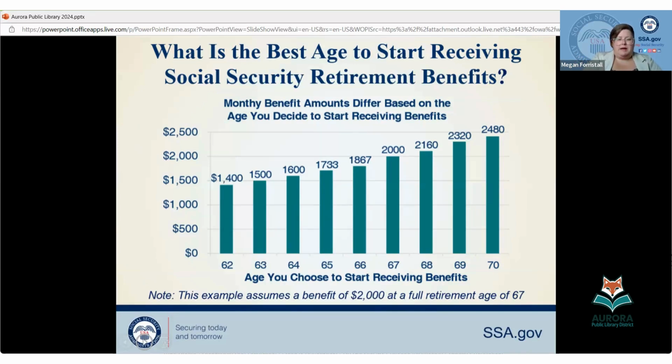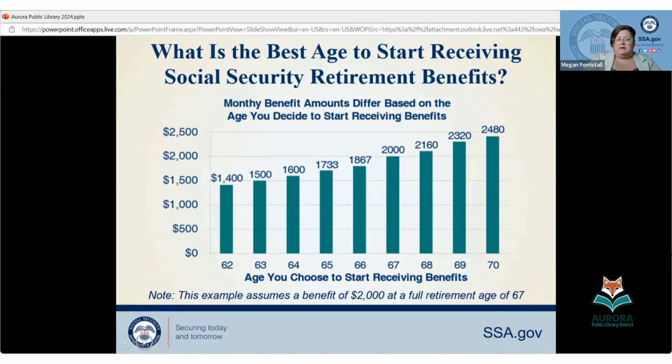Now, if you're looking at this, you see at 62, this person's eligible for $1,400 a month. And you see if they max it out at 70, then it would be $2,480 a month. So you're thinking, well, that seems easy. It's going to be over $1,000 a month more if I wait until age 70.